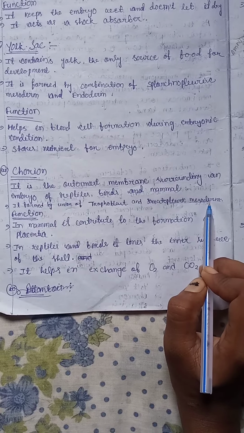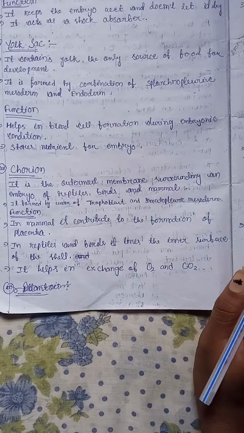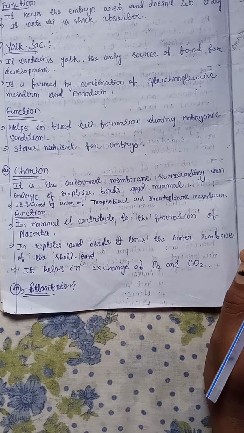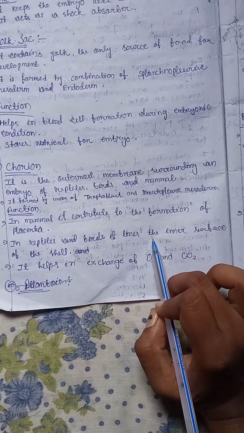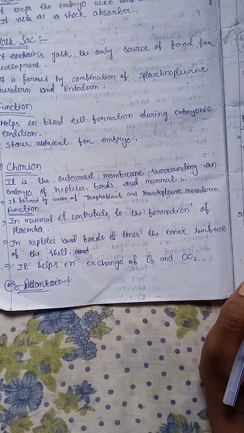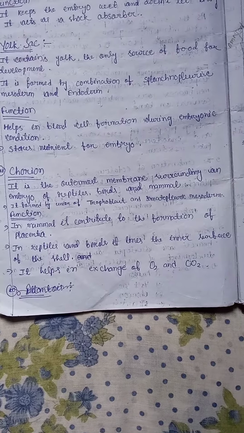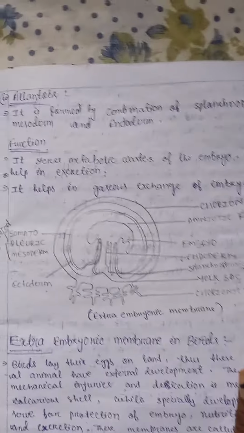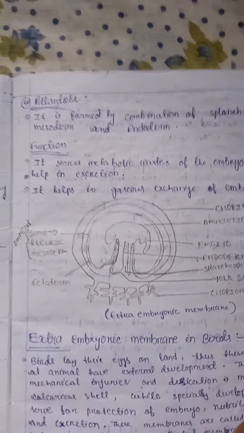What is the function of chorion? In mammals, it contributes to the formation of a placenta. In reptiles and birds, it lines the inner surface of the shell, and it helps in exchange of oxygen and carbon dioxide.